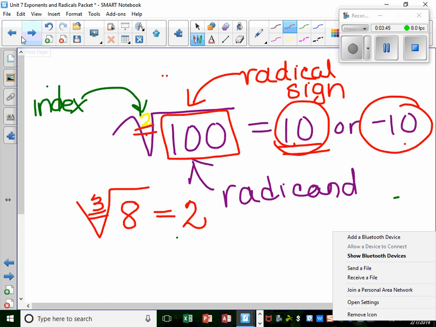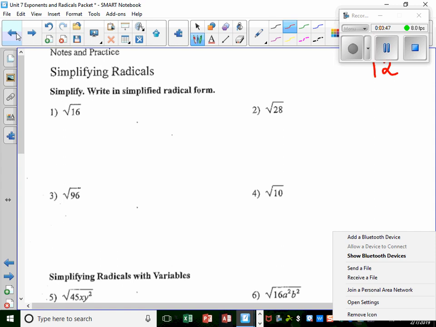Okay, so let's go back to page 12, and we know this is a perfect square. Right now it's really only asking you for the square root of 16, and it's really only asking you for the positive root of 16, which we know is what? 4.